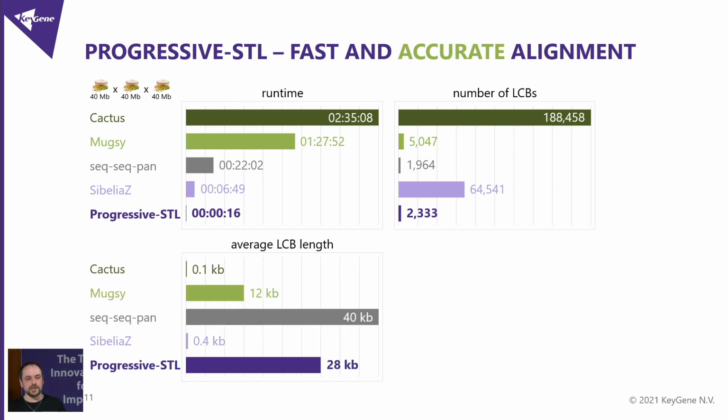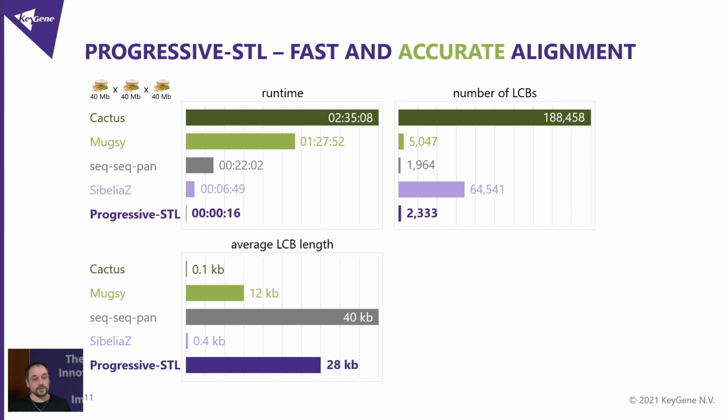And as you can see, these LCBs from Cactus, for example, are much smaller than other tools produce. And our progressive STL produces LCBs of about 30 kilobases. So this means regions of about 30 kilobases that we consider collinear. Now, of course, if you consider everything collinear, you will have large gaps in them due to the real insertions and deletions.